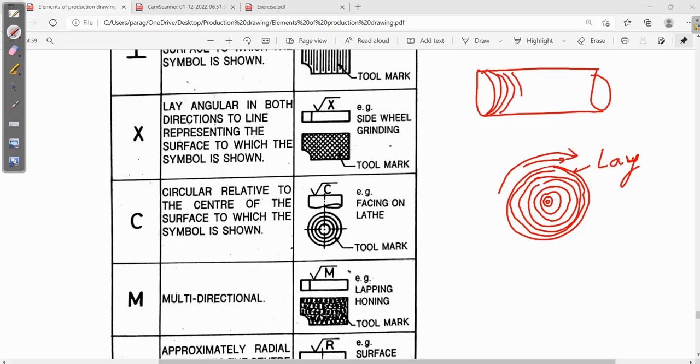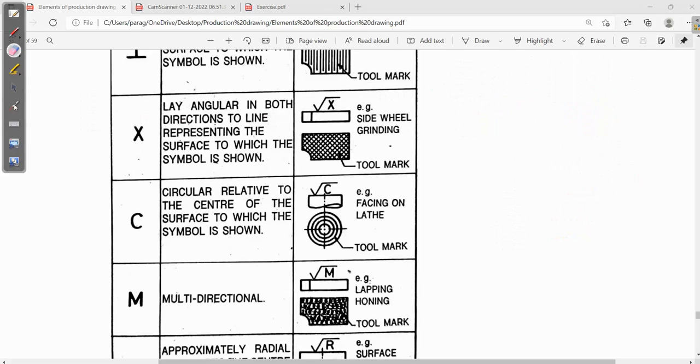Some lines will be visible on this workpiece. Did you notice these lines? In this case we are considering it as surface roughness. These particular lines we call surface roughness. For different operations, different types of lay will always be there. So starting from the first.